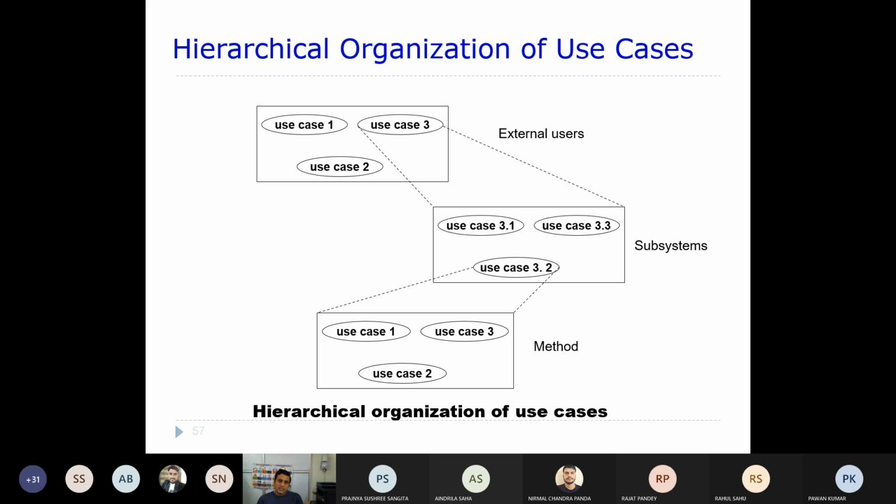Then use case 3.2 can also be further divided into three use cases: 3.2.1, 3.2.2, 3.2.3. This way you can create a hierarchical organization of different use cases.